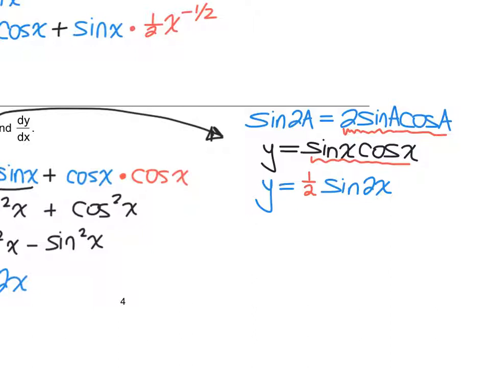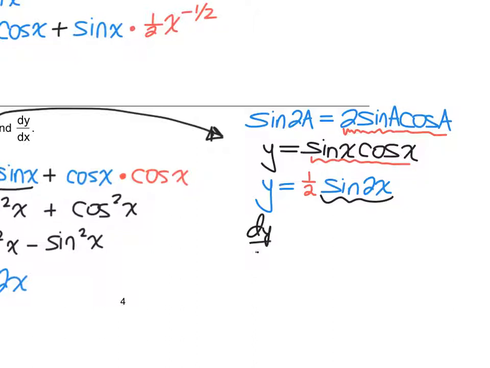The reason this is going to be a little better for us is that anytime you have a constant multiplier, we know that it's just going to carry right down into the derivative. So we don't have to worry about that. If I have a 1/2 as a constant multiplier in my original function, I'm going to have a 1/2 as a multiplier in my derivative, so I don't have to worry about that part.